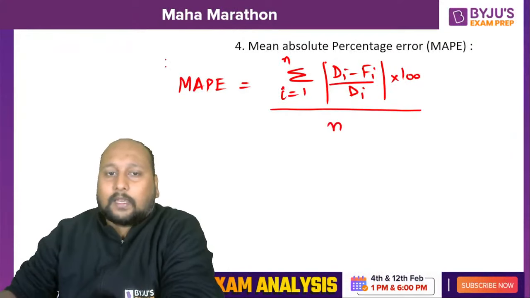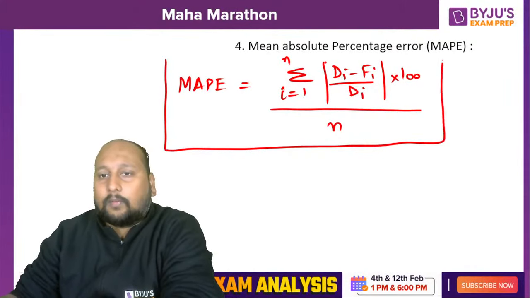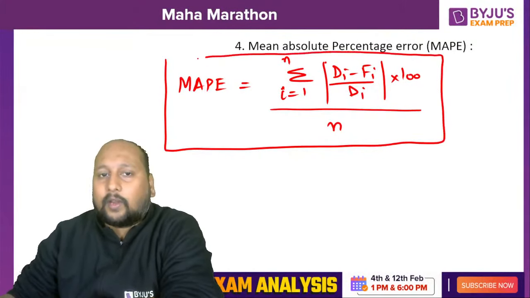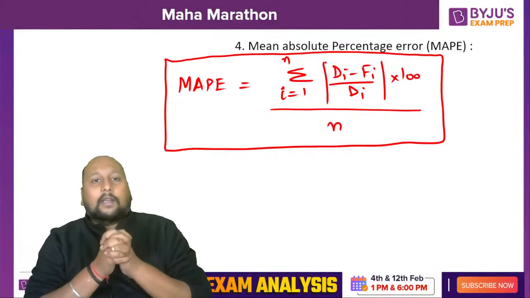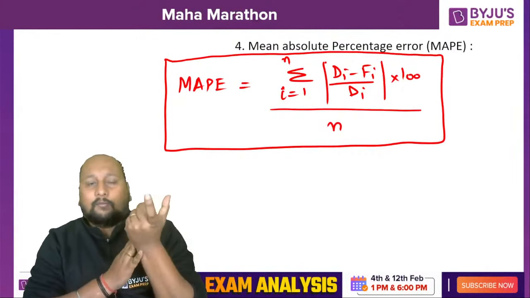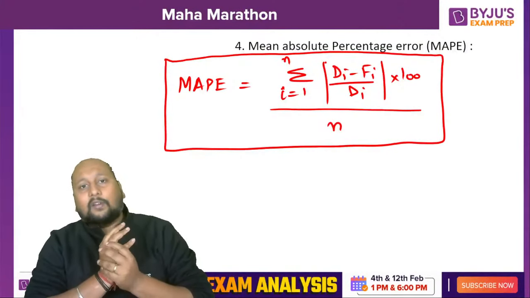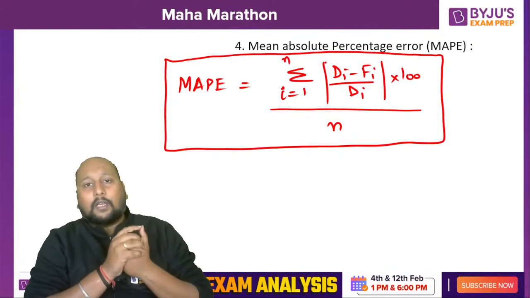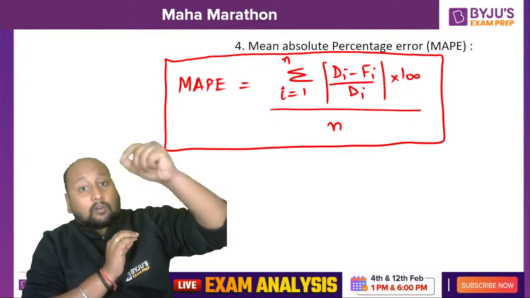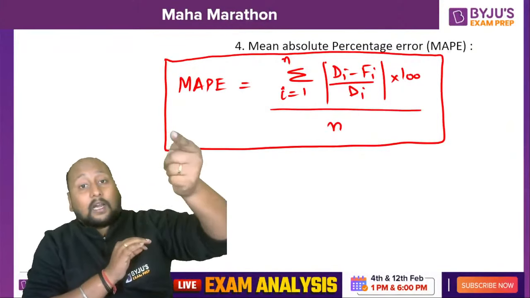So this will give us the value of mean absolute percentage error. Why is this calculated? Because there's a difference if, let us suppose, the average error value is coming out to be 40 in one case and in the second case also we are getting 40, but in one case it is 40 out of 100 and in the second case it is 40 out of 1000.